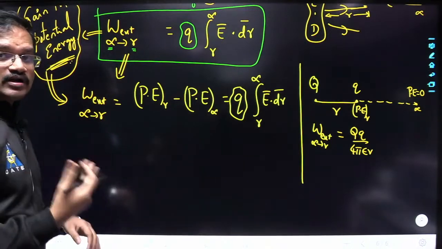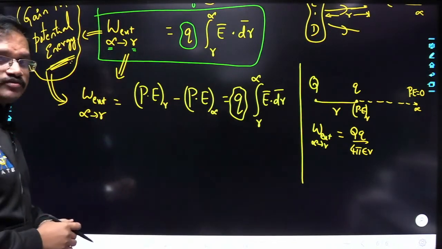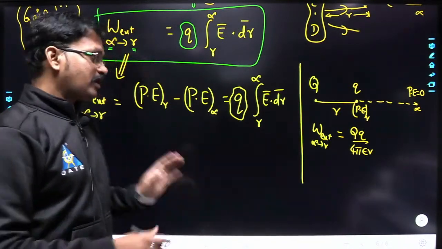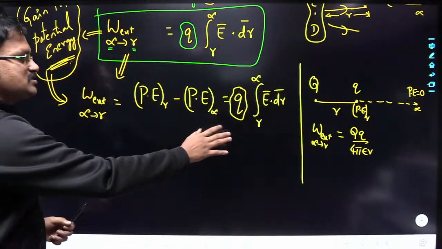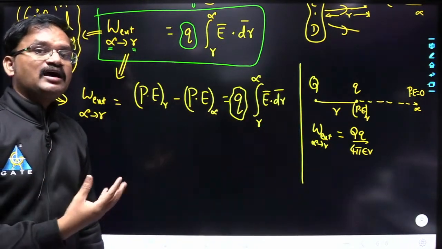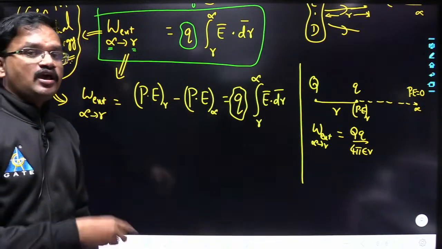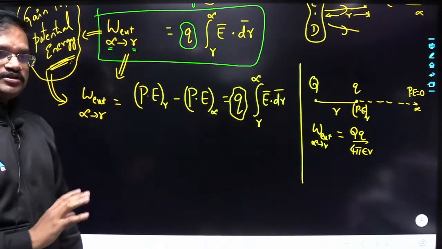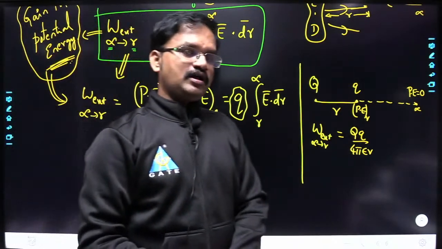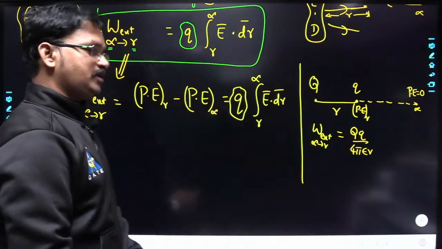Then what is the work done per unit charge here? What is the work done in order to bring a unit positive charge? The work done in order to bring Q amount of charge is this one.